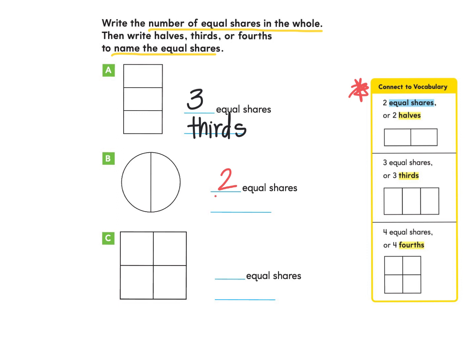We call 2 equal shares halves. Okay, let's take a look at part C. Here we have a shape that has 1, 2, 3, 4 equal shares. Let's write that in. What do we call a shape that has 4 equal shares? We call that fourths. Great work.